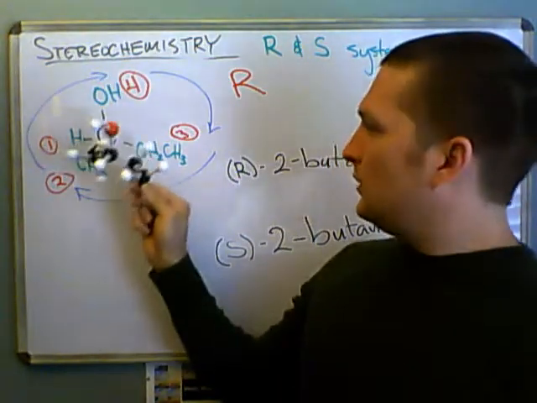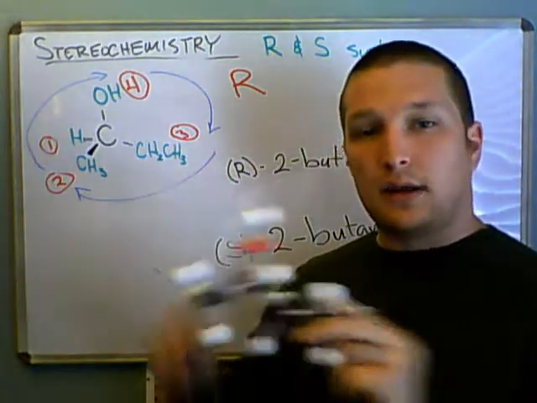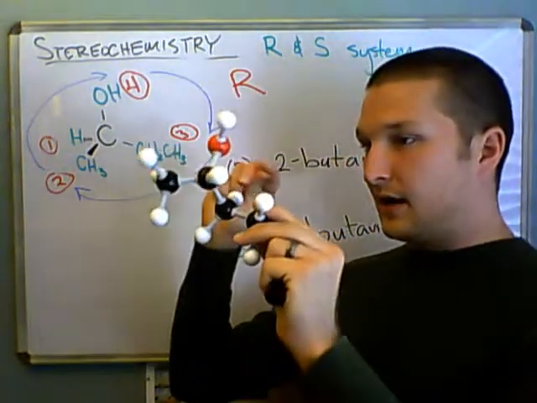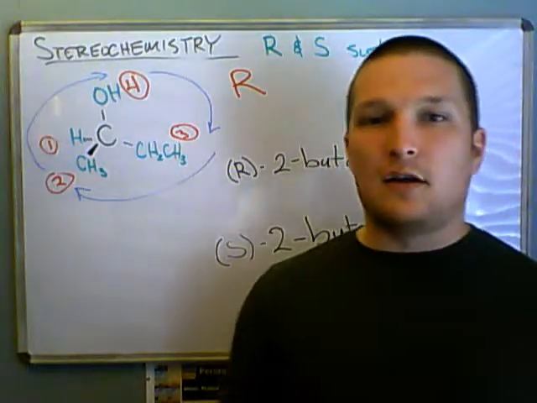Building models really helps with this. So if you were to build R-2-butanol and S-2-butanol and hold them right next to each other, you'd see that they're mirror images. And since they're mirror images, then they're enantiomers.